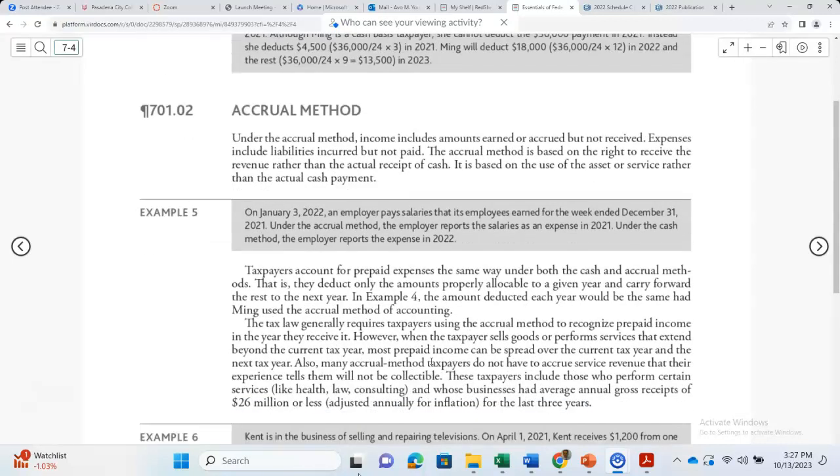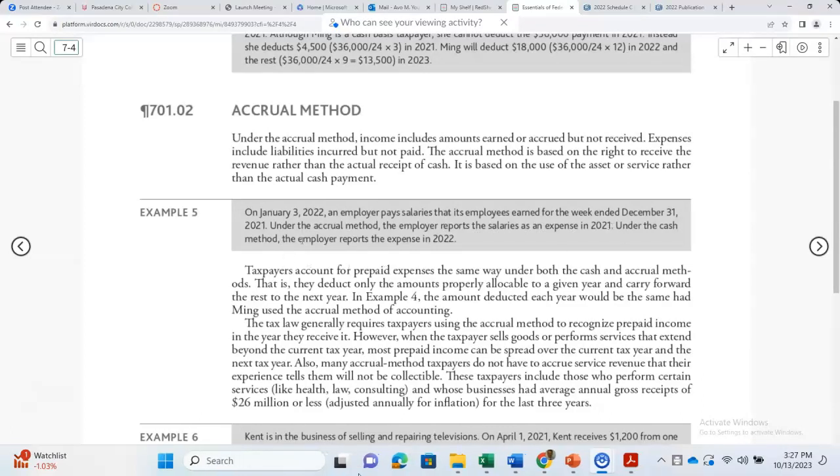Okay, so here there is a problem. Example, on January 3rd of 2022, an employer pays salaries that his employees earned for the week ended December 31st of 2021. Under the accrual method, the employer reports the salaries as an expense in 2021.